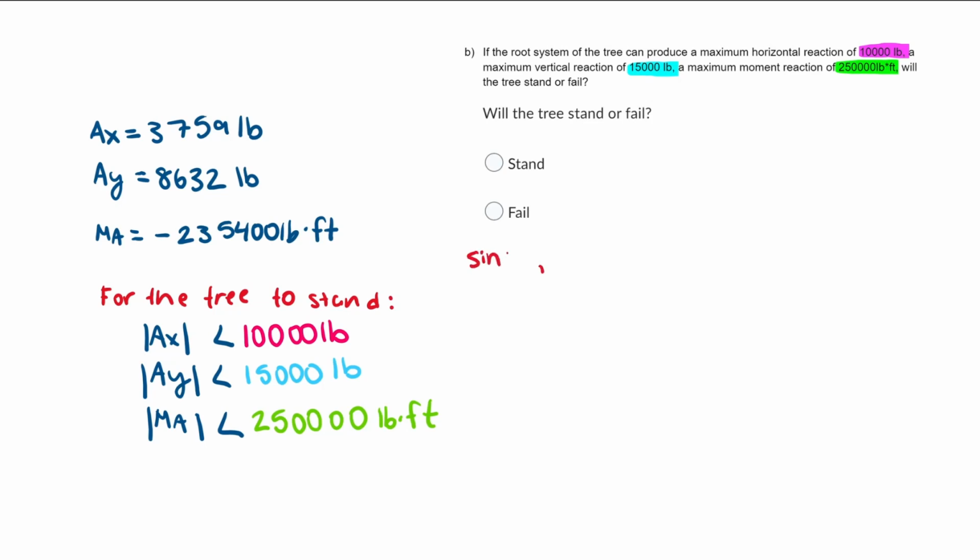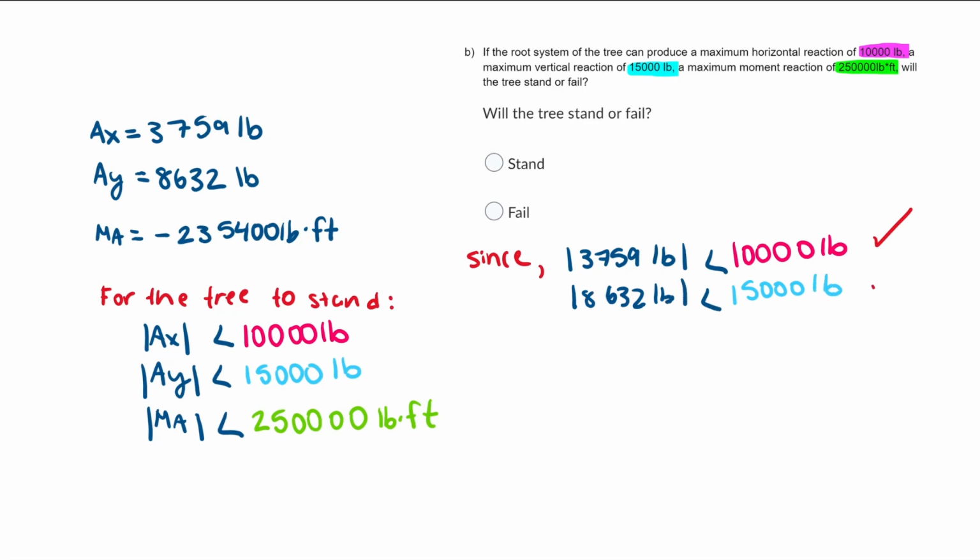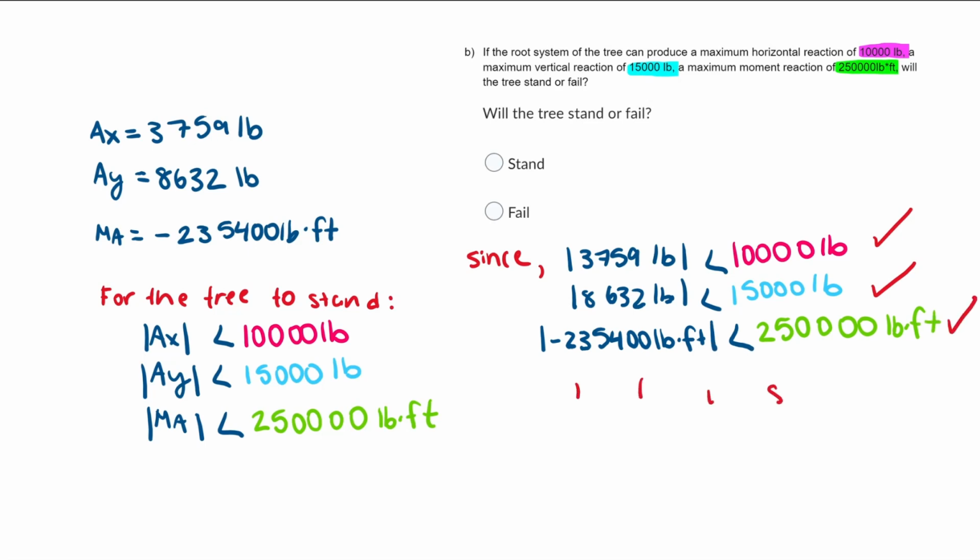So, since this is true, and this is true, and finally, so is this, we can therefore say that the tree will stand.